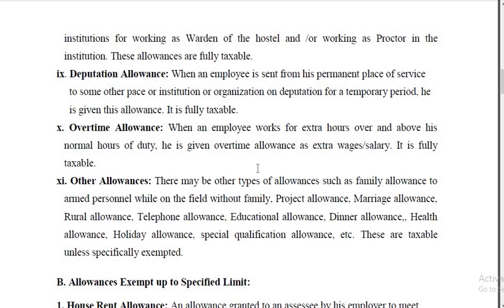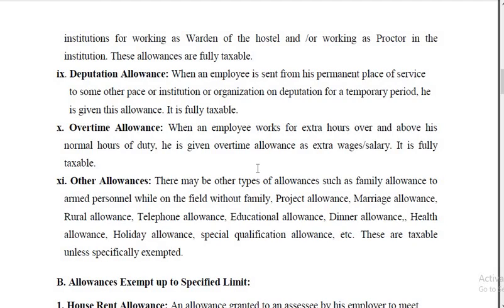During that period, you might be deputed to that branch, and it's a temporary transfer. Once the lady comes back after maternity leave, you will be retransferred to your original place. So when you are deputed to some other place temporarily, you might be given an additional allowance, and that's called deputation allowance. That's also fully taxable.